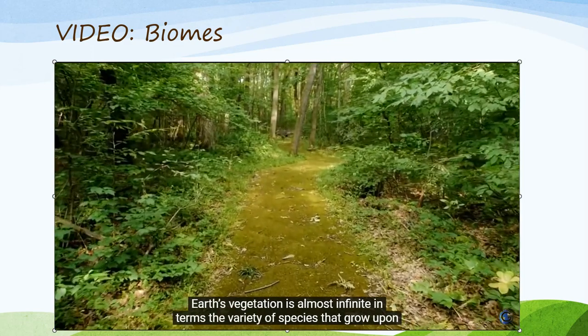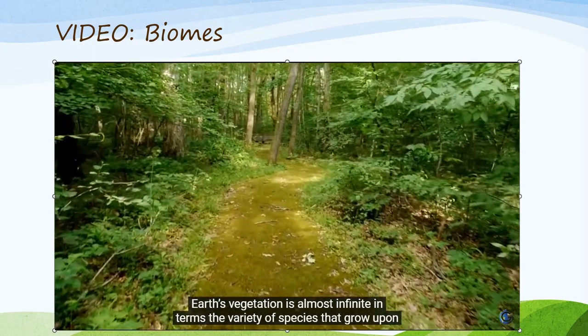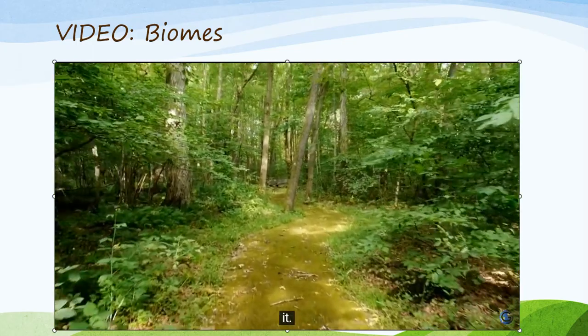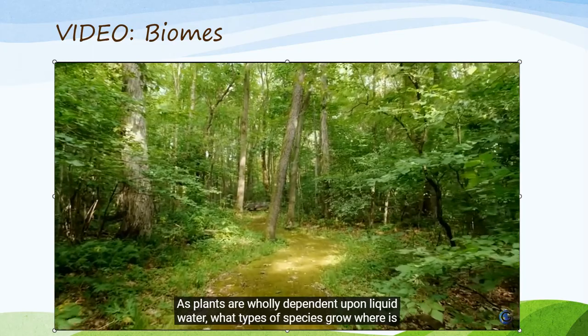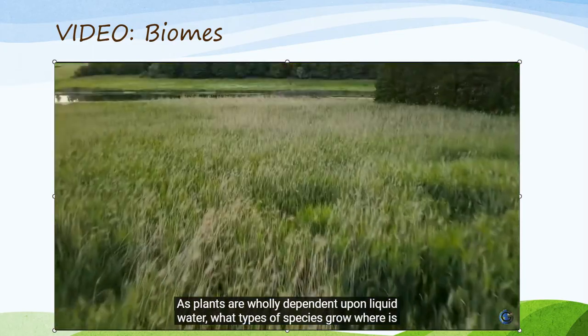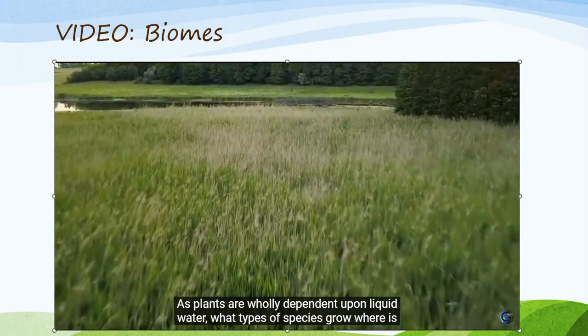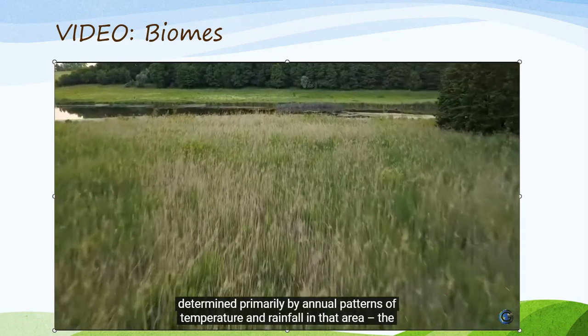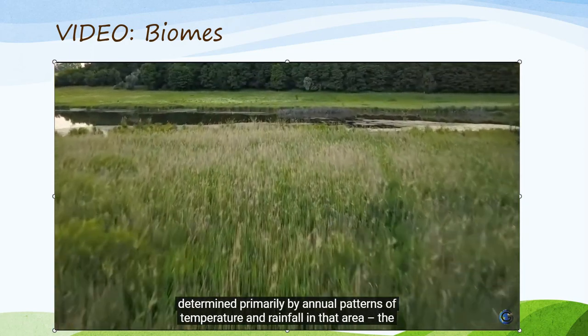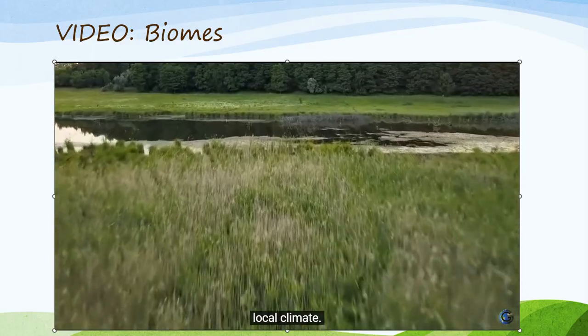Earth's vegetation is almost infinite in terms of the variety of species that grow upon it. As plants are wholly dependent upon liquid water, what type of species grow where is determined primarily by annual patterns of temperature and rainfall in that area, the local climate.